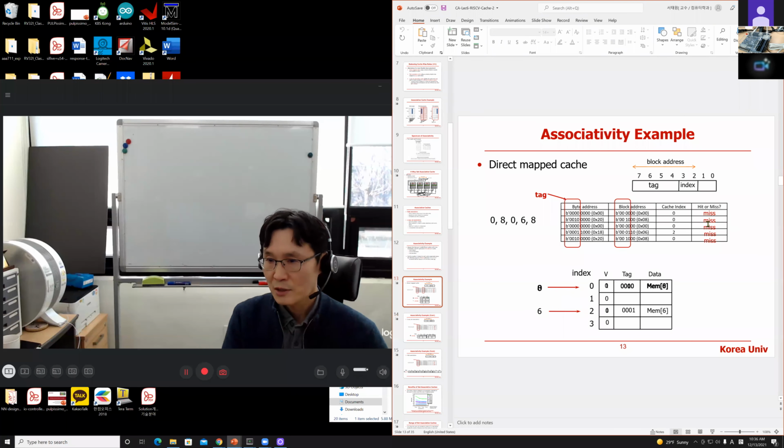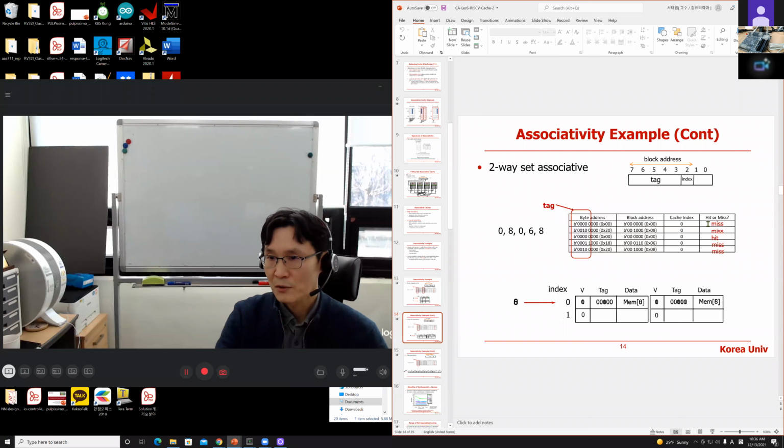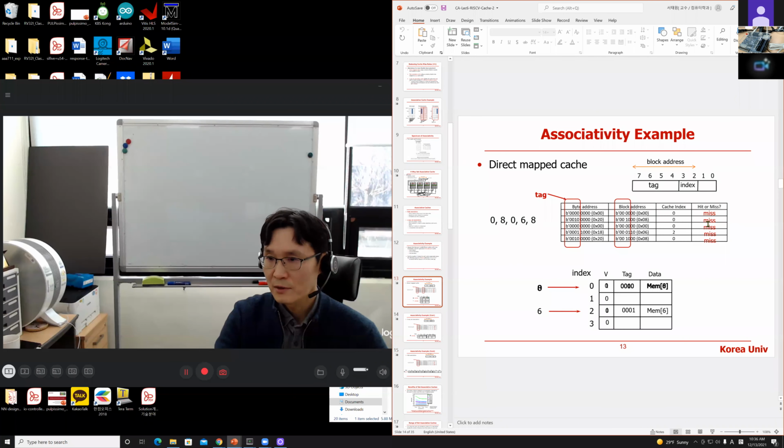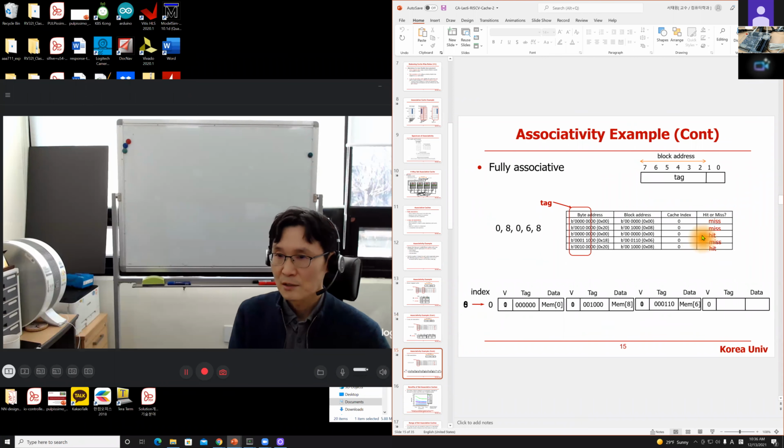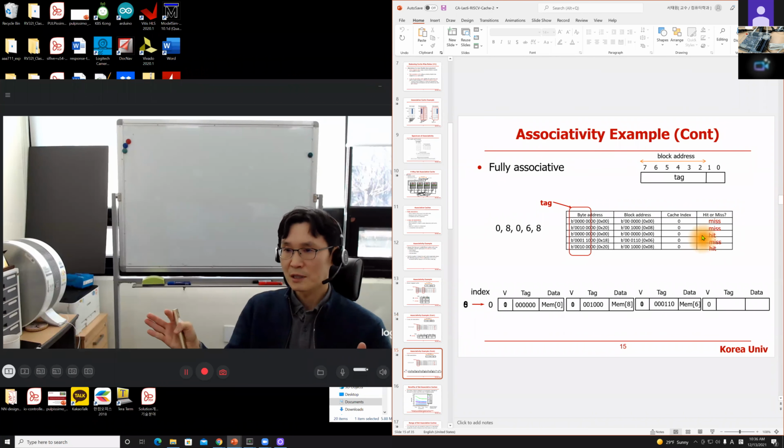So if you compare direct-mapped cache, two-way set associative, and fully associative, compare the hit count: 0 hits here, 1 hit, sorry, and 2 hits. So as you increase associativity, number of hits tend to increase, right?